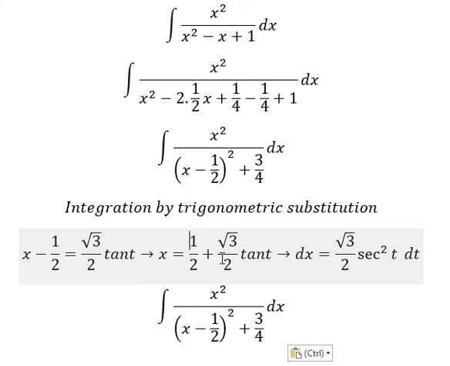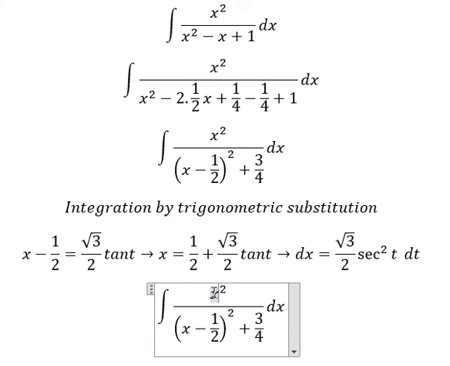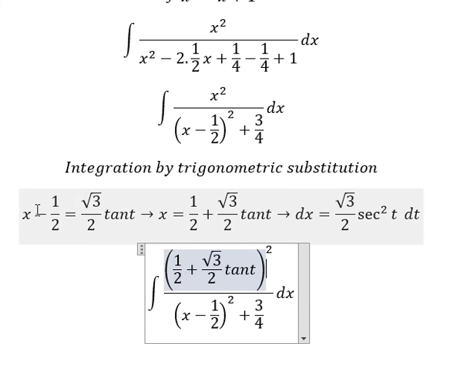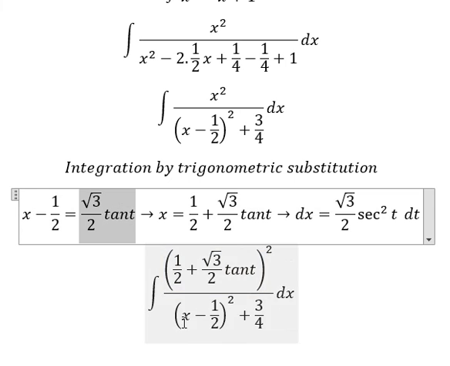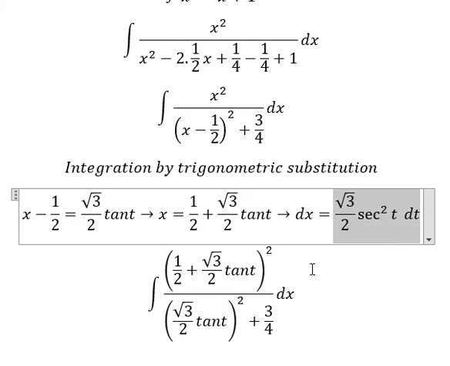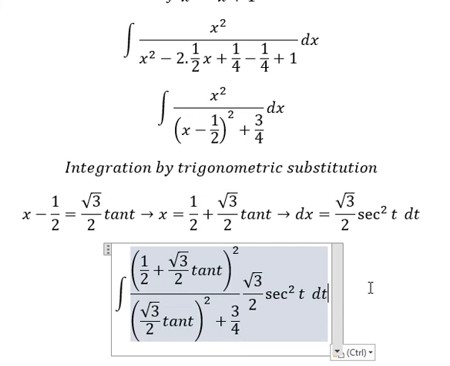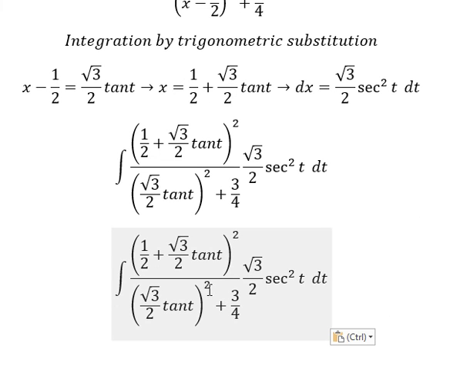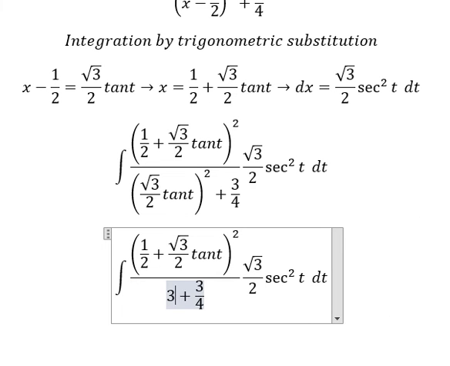So we change for this one. This one we change for this one. The x we change for this one. This one we change for 3 over 4 tan t square.